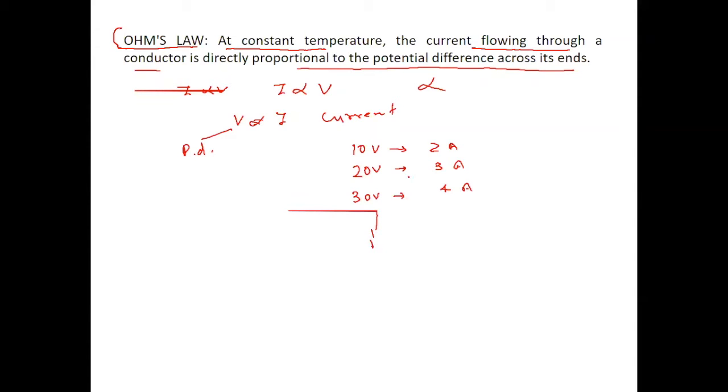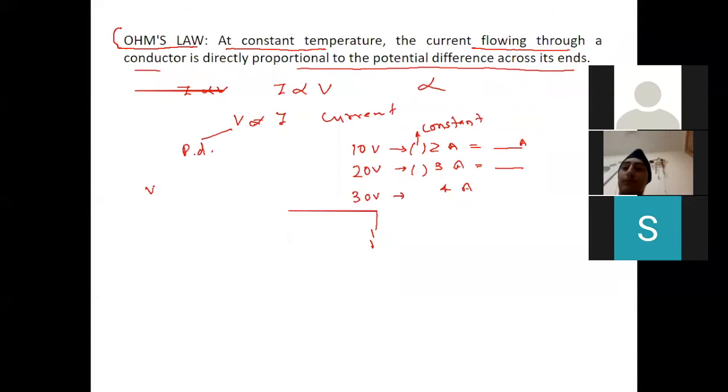So in this case, we always have some constant, and we multiply by the same constant value. When we increase 20 volts, this much of current will increase.